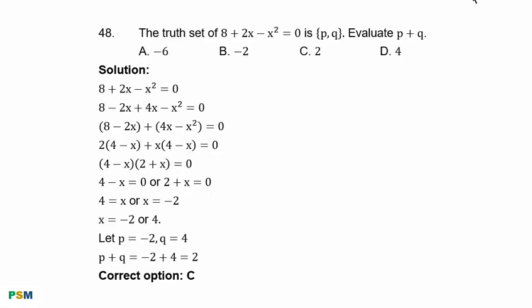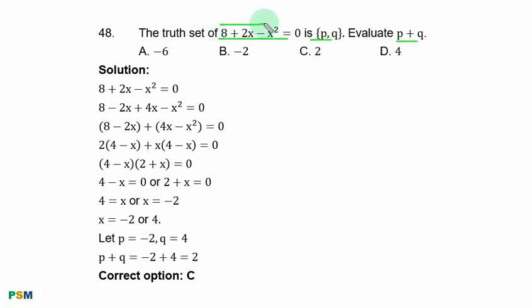Question 48. The truth set of 8 plus 2s minus s squared equal to 0 is P, Q. Evaluate P plus Q. So P, Q are the roots of the equation.